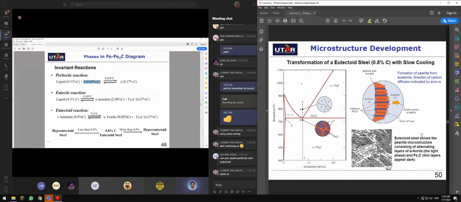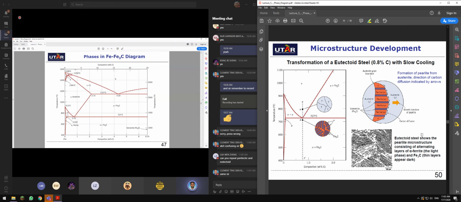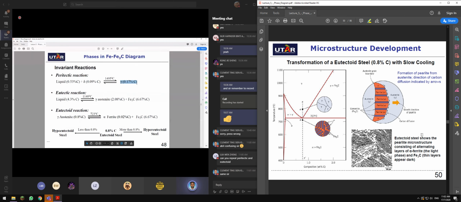When you reduce the temperature, it becomes austenite. Okay, it's over here. And vice versa. In austenite, when you have a particular carbon content of 0.17, when you increase the temperature, the carbon content is fixed at 0.17.